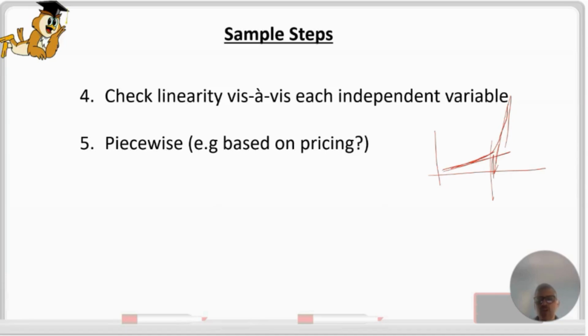This is called piecewise, and you break the problem into two parts if you see this kind of behavior on any particular independent variable.